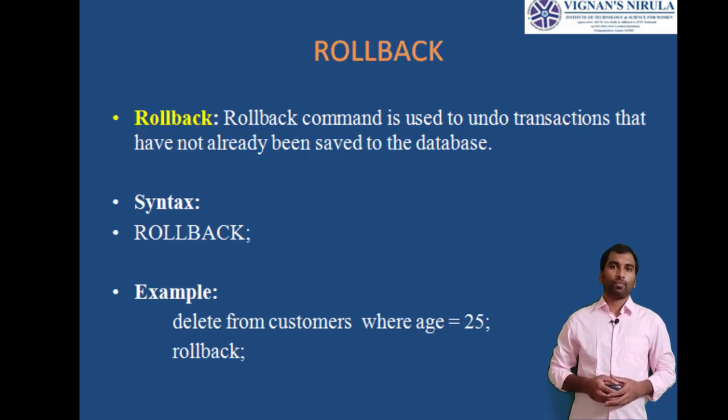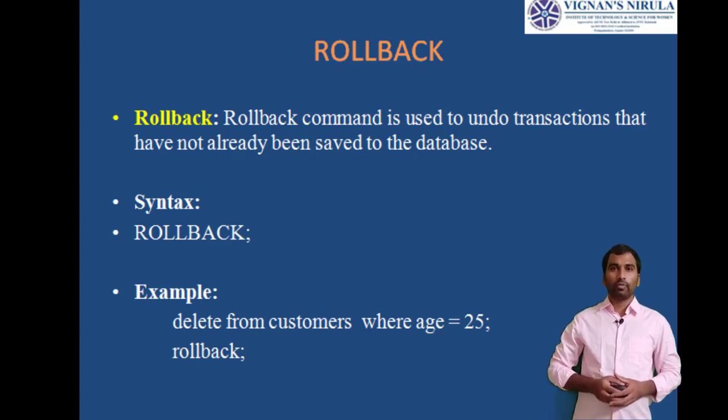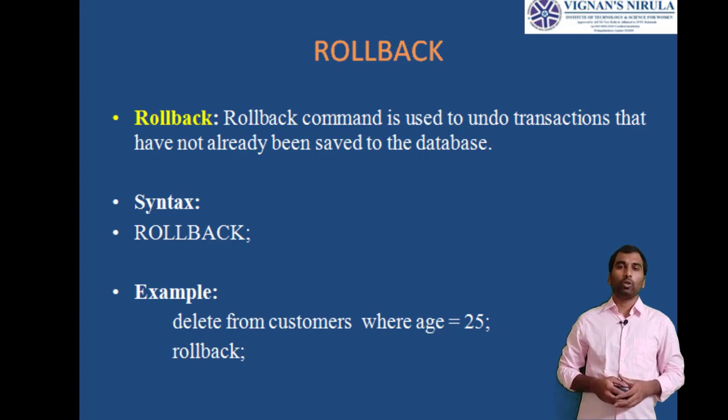The next one is rollback command. This command restores the database to the last committed state. It is also used with the save point command to jump to a save point in an ongoing transaction. So you can see the syntax of a save point.